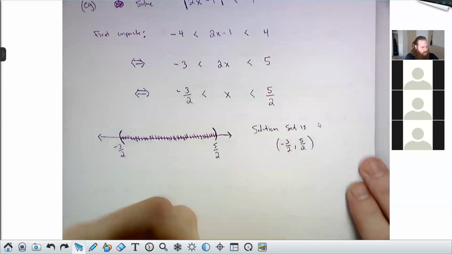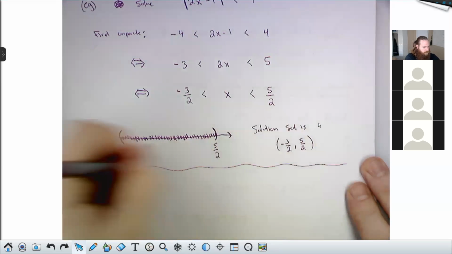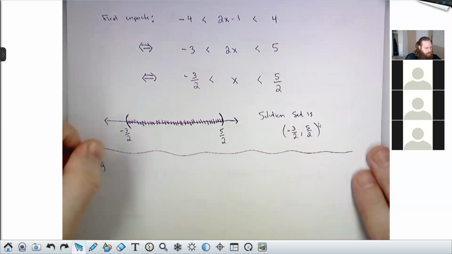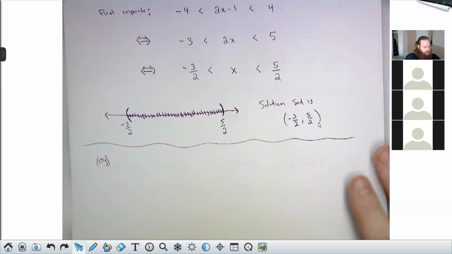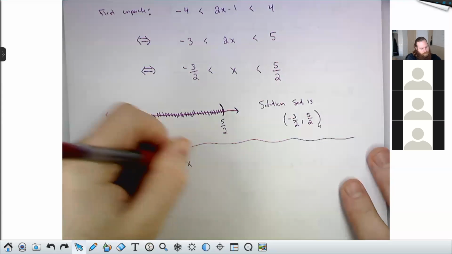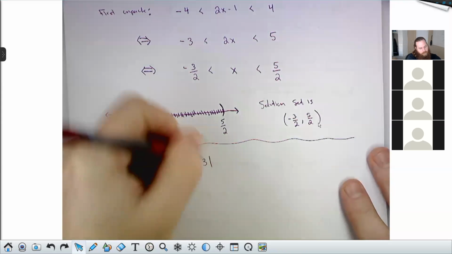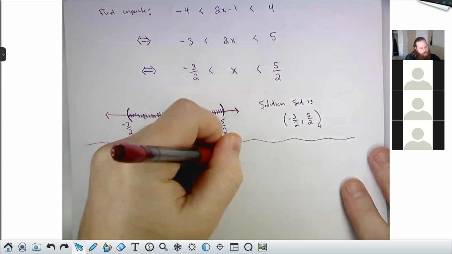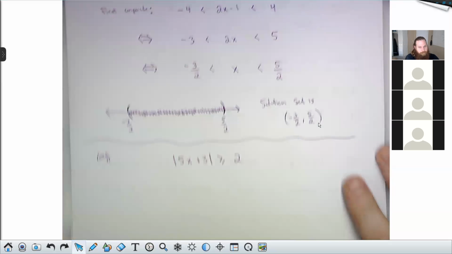I'm going to switch then to a different example. Let's try something like the absolute value of 5x plus 3 is greater than or equal to 2.